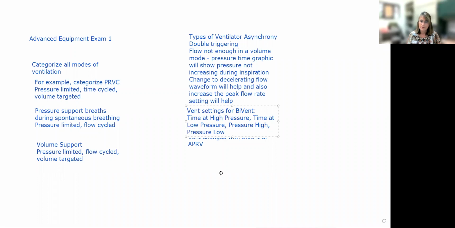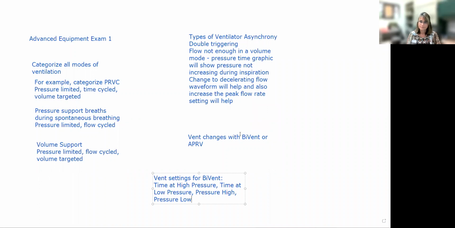So you have to know how long to keep the pressure at high and what the pressure at high should be. And then how long for time at low and what the pressure should be at low. The pressure low is typically set at 0. Because of the air trapping, the pressure never gets down to 0. So changing it doesn't really make a difference.